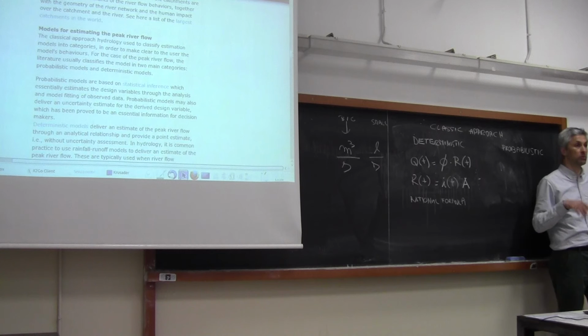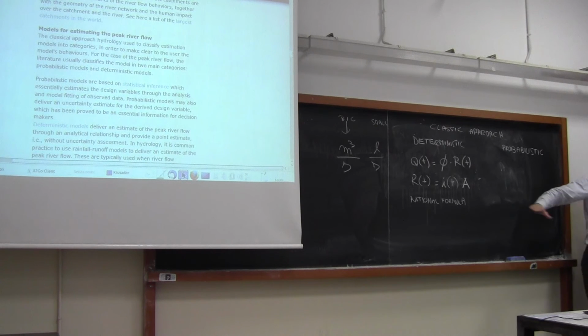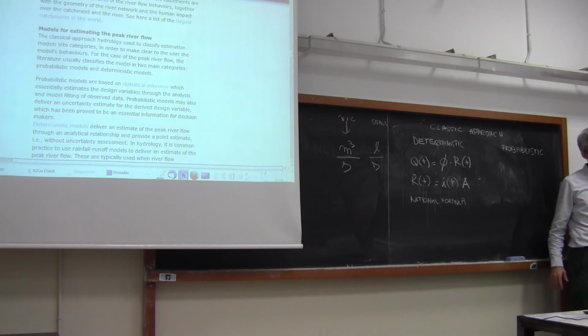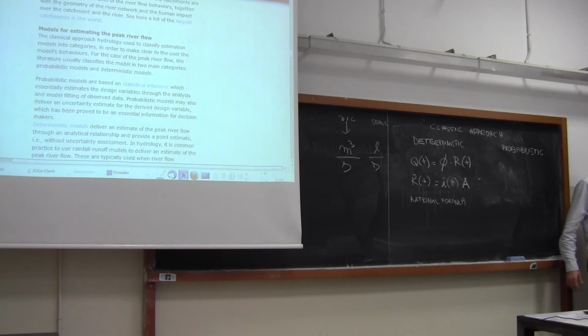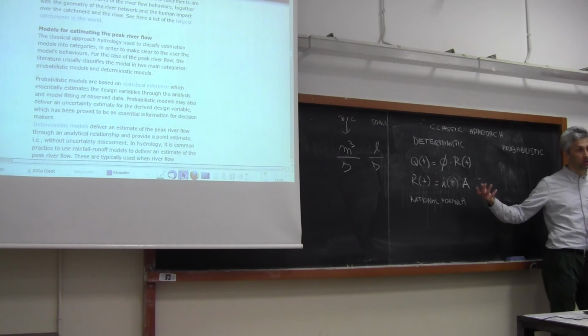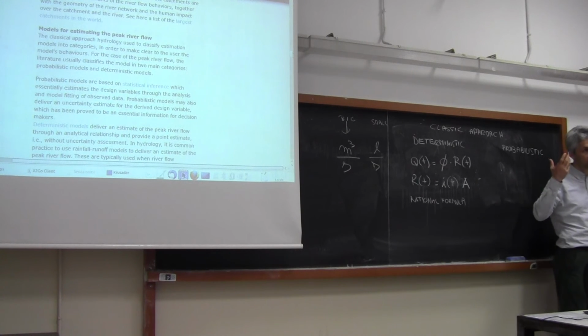The rational formula. By the way, this is considered to be the first hydrological model proposed, and it dates back to 1859. It was proposed by an Irish scientist, and the model is very rational, because it assumes that the river flow is originated by rainfall.